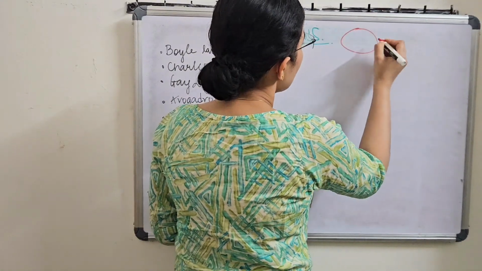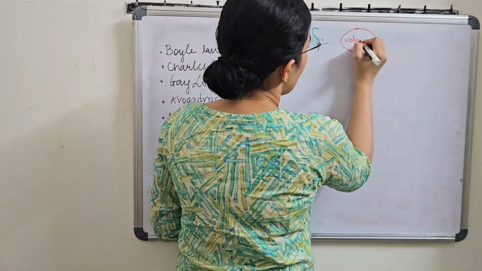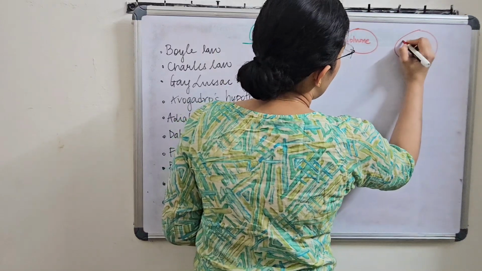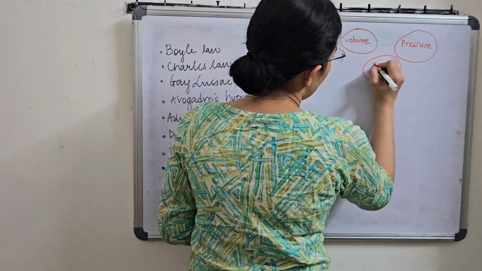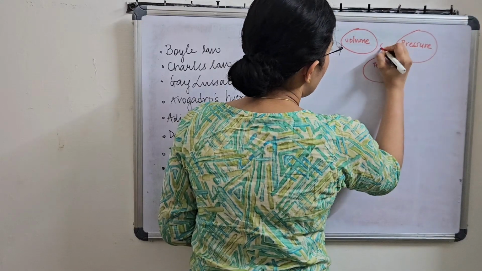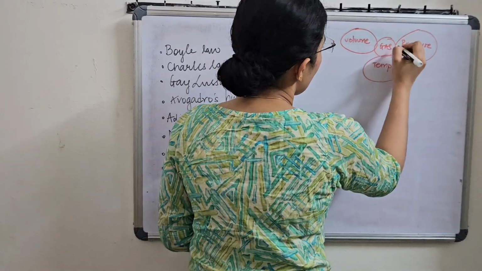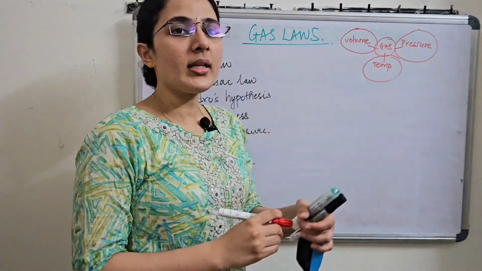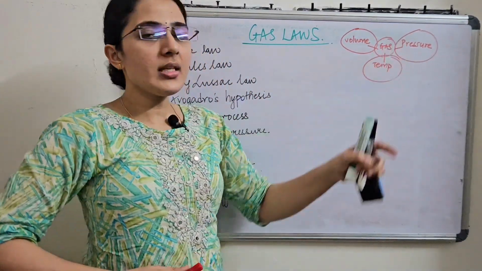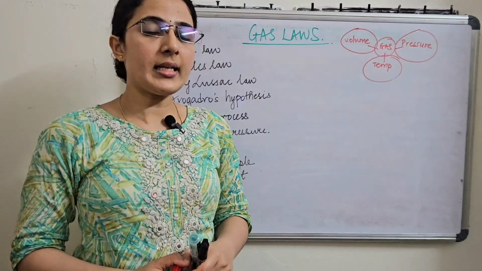When we are coming to these gas laws, three important things which revolve around them are volume, pressure and temperature. Volume is basically the quantity of the substance. Pressure is force per unit area.